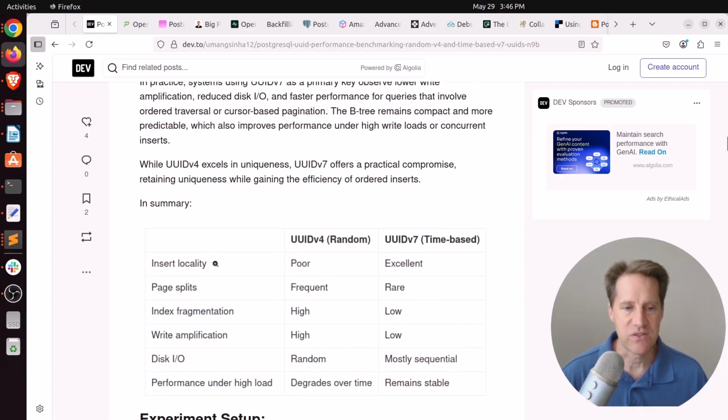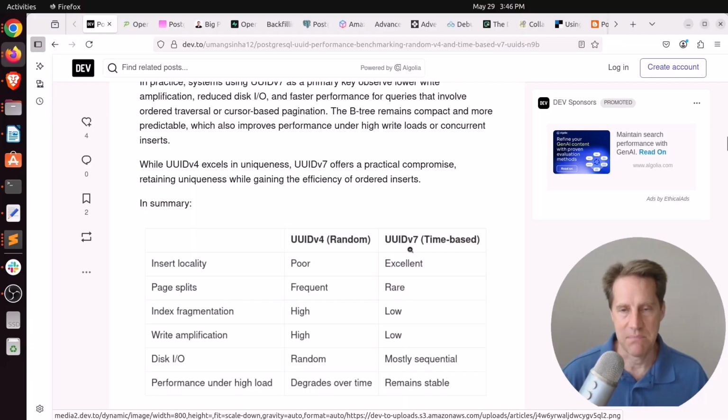So in terms of insert locality, version 4 is very poor because it inserts them entirely randomly, whereas the time-based UUID v7 tends to be close to append only. In terms of page splits, those rarely happen with version 7, whereas they're frequent with version 4. You have a high amount of index fragmentation with version 4. It's low in version 7.